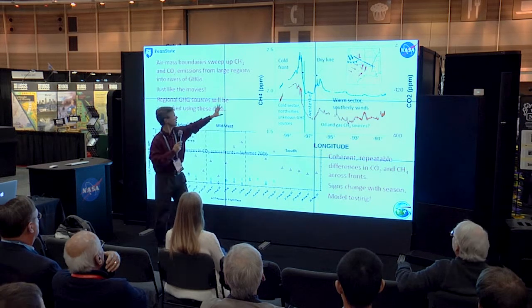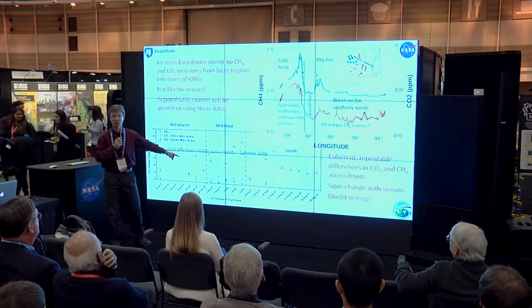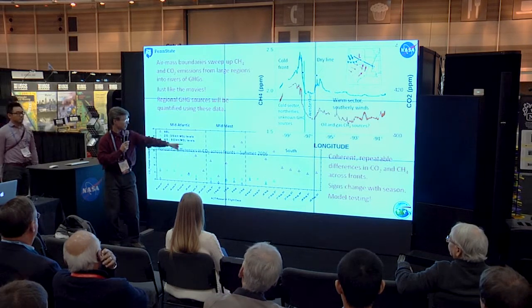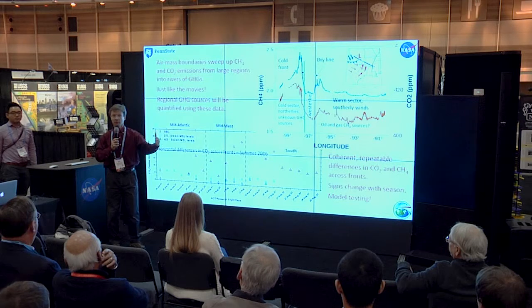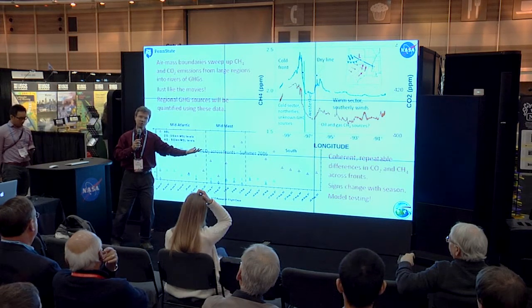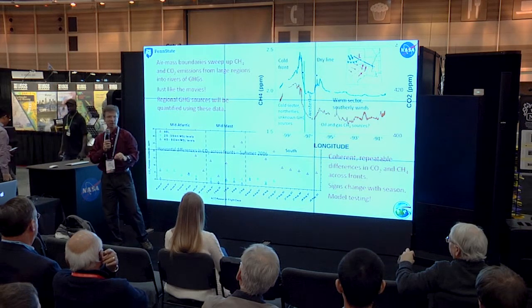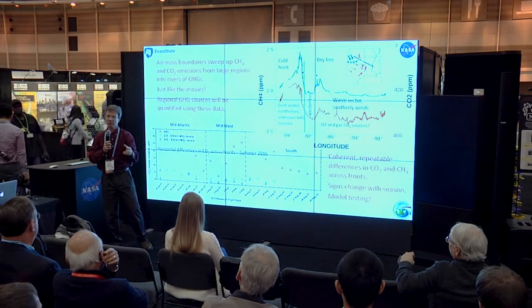We can use this information to infer the sources and sinks. We also see that if you look across these frontal boundaries during a season, the gradient is always the same. We always saw low CO2 in the cold air, high CO2 in the warm air in the summer of 2016. It flips sign in the winter.